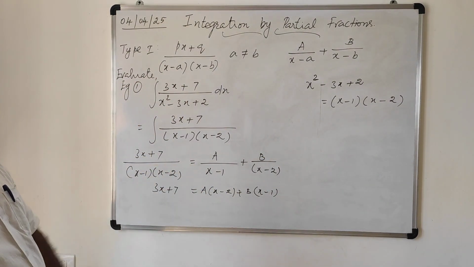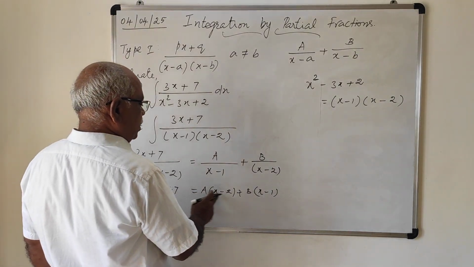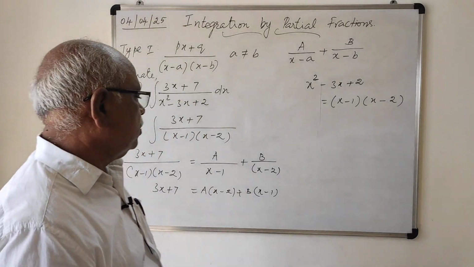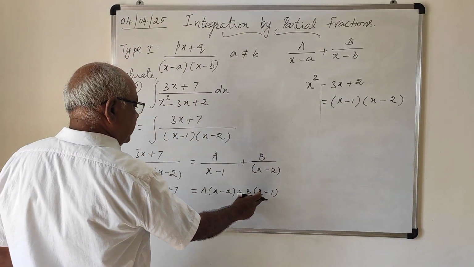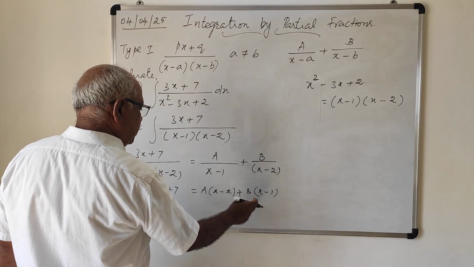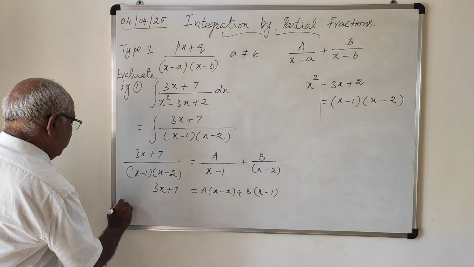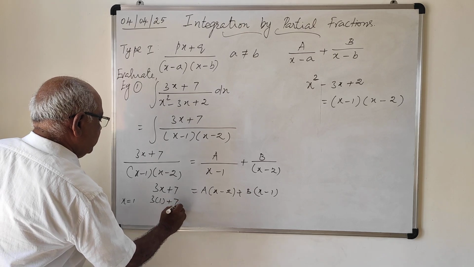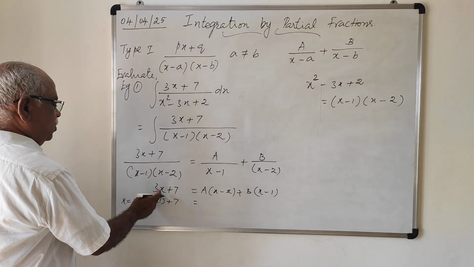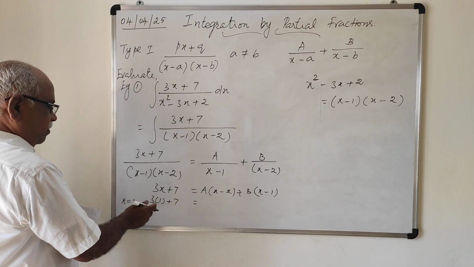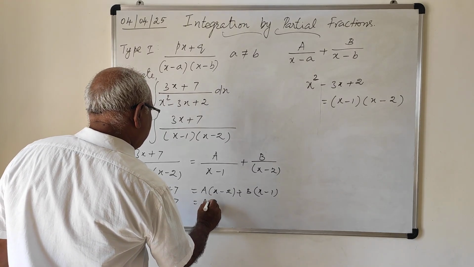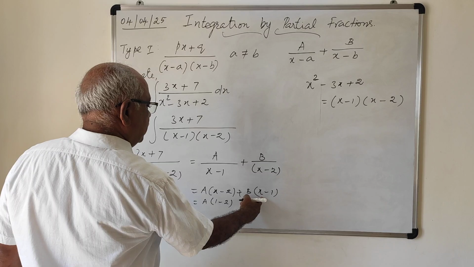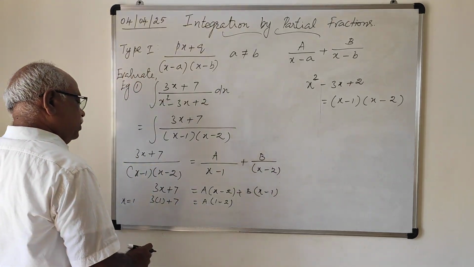Using this expression, we have to find the values of a and b. The unknowns a and b can be determined by giving suitable values of x. First you substitute x equal to 1, so b becomes 0 and you will get the value of a. 3 into 1 plus 7 equal to a into (1 minus 2) plus b into (1 minus 1), which is 0, so b into 0 is 0.